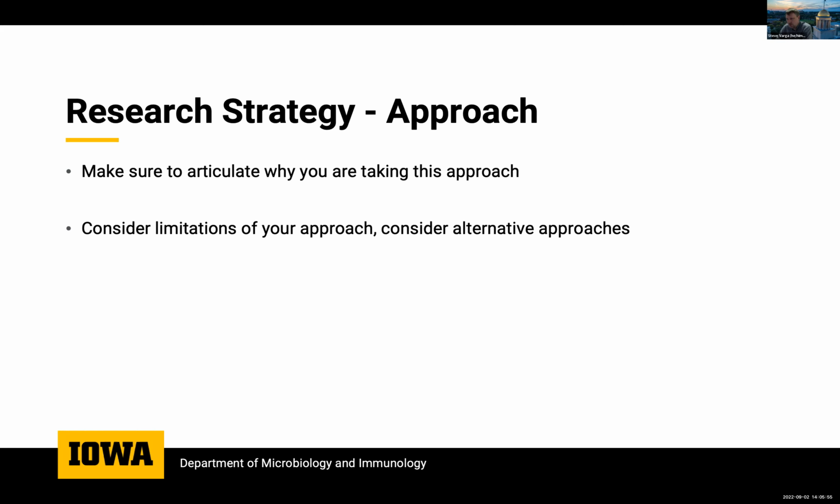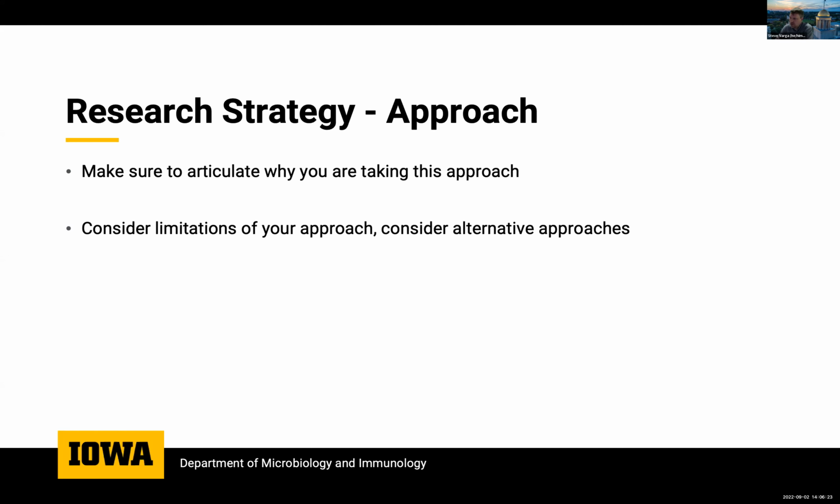You also want to carefully think about the limitations of your approach and consider alternative approaches. This is also a very common criticism of grants, in that there are many grants that don't consider any alternative approaches. They just have a main line of proposed experiments, and they think they're going to get results from them and going to be able to interpret them without any issues whatsoever.